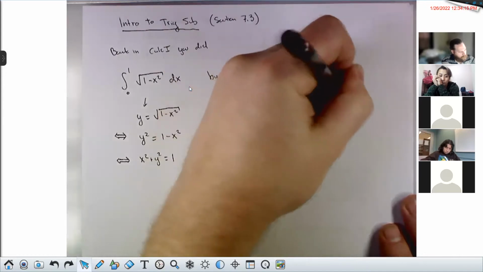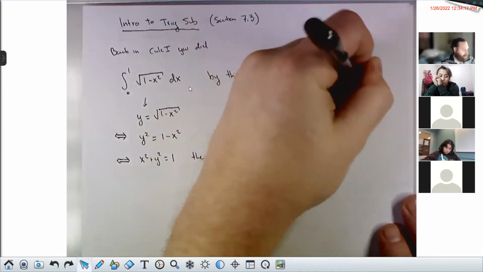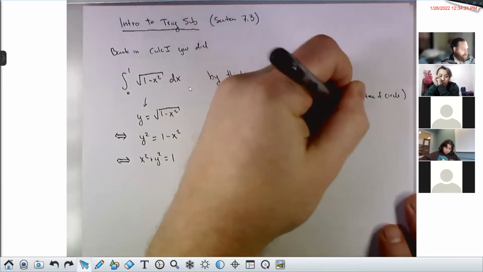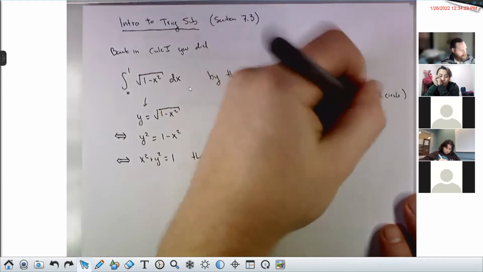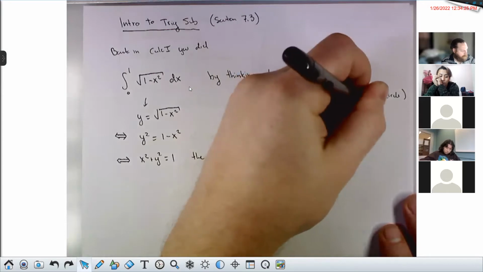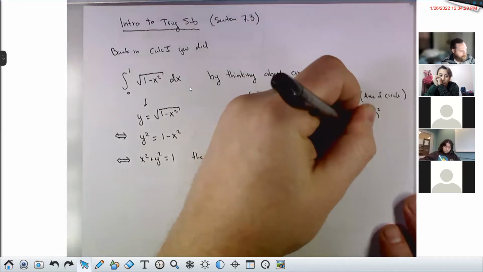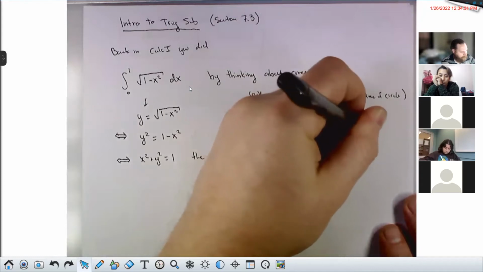which is 1/4 the area of the circle. And the area of a circle is pi times the radius squared. The radius of the unit circle is 1. So this is 1/4 pi, or pi over 4.